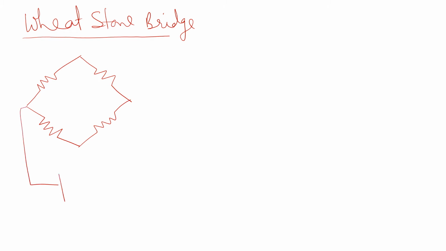And here I have put a voltage source. So let me draw it clearly. And here I put a galvanometer, that is J. So let us see, this is P, this is R, this resistance is Q, and this is S, and here EMF is E.